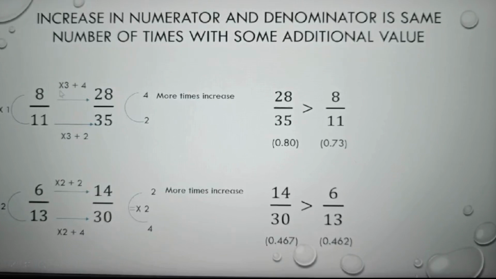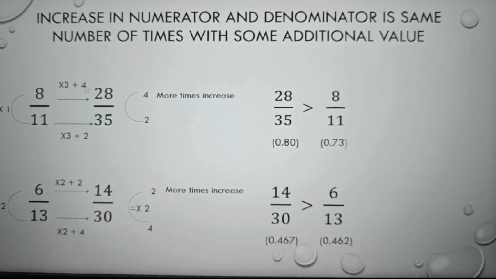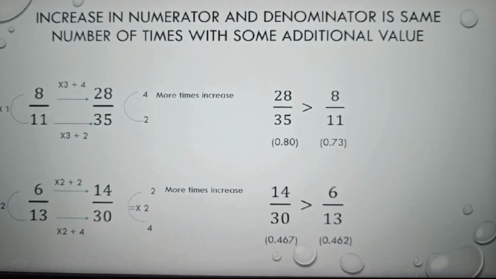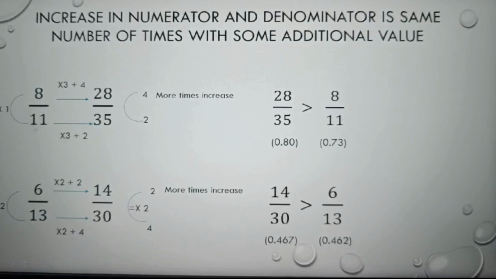Here 8 is increased 3 times and additionally 4, and 11 is increased 3 times plus 2. If you compare 8 and 11, they are only 1 time. So here the additional increase is 4 and 2; now compare, 4 is more than 2.